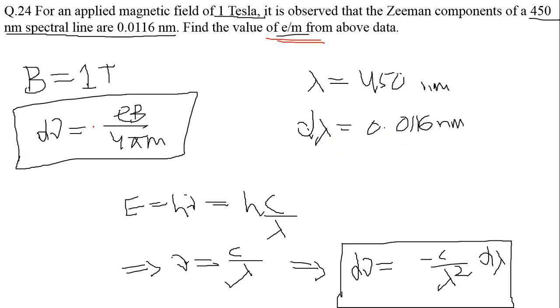In the case of the Zeeman effect, the expression for change in frequency is d nu equals Eb by 4 pi m. Since we are given the wavelength, we need to convert from the frequency domain to the wavelength domain, and for that we can use the relation between wavelength and frequency: frequency equals velocity by wavelength, where c is the velocity of light. When you calculate the change in frequency, d nu comes out to be minus c by lambda square d lambda.